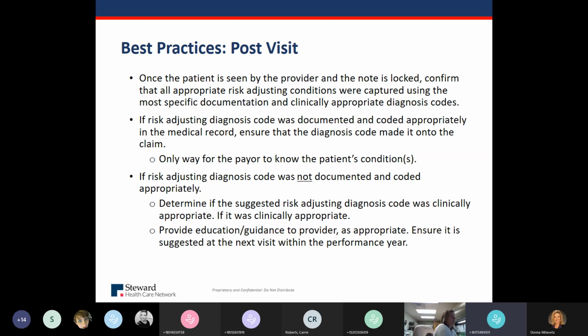And if a risk adjusting diagnosis code was not documented and coded appropriately, and it still is a clinically appropriate condition, then we want to make sure the provider is aware that this should be captured at the next visit, and it really should be within the same performance year, so it helps set the budget for that patient. Next slide.